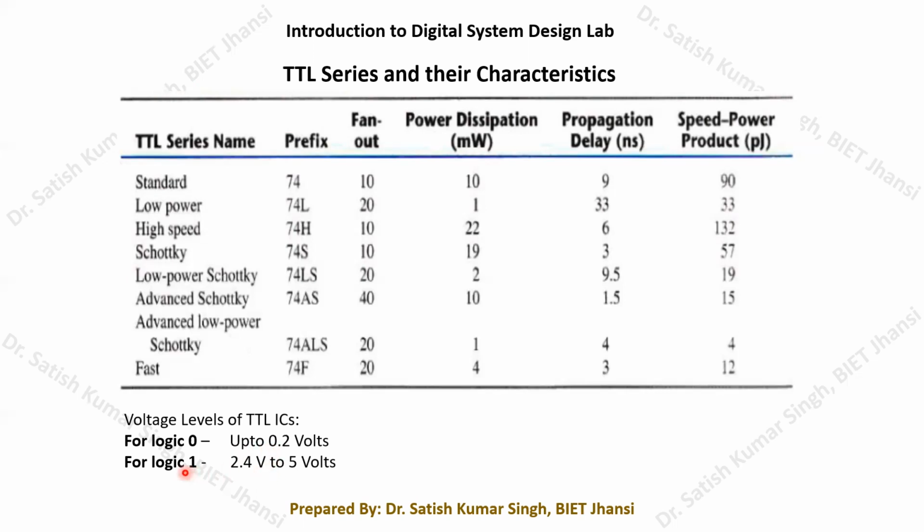Similarly, if you want to give logic 1, this voltage should be 2.4 to 5 volts. It should be in between this range. Any voltage between 2.4 volt and 5 volt at the input pin of your TTL logic gate will be treated as logic 1, and anything less than 0.2 volt will be considered as logic 0.